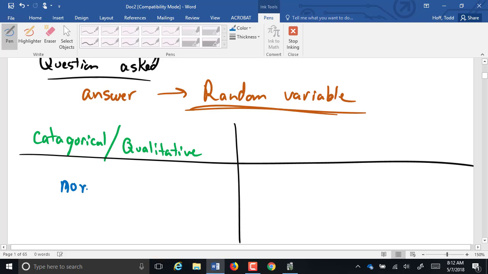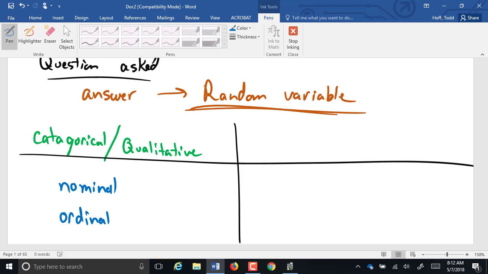I'll start out with nominal or ordinal. Nominal means by name only. Which candidate are you going to vote for, A or B? Whichever one you pick puts you in a category. That's a nominal category.